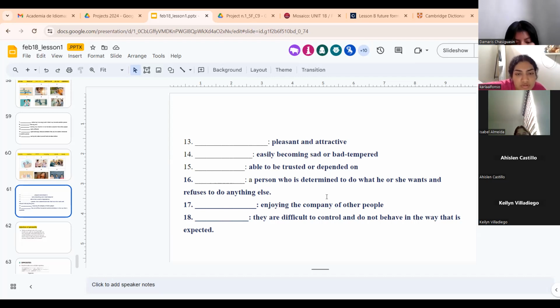They are difficult to control and do not behave in a way that is expected. Stubborn. No, stubborn was in number 16. Then rebellious. Yes, right. Number 18.